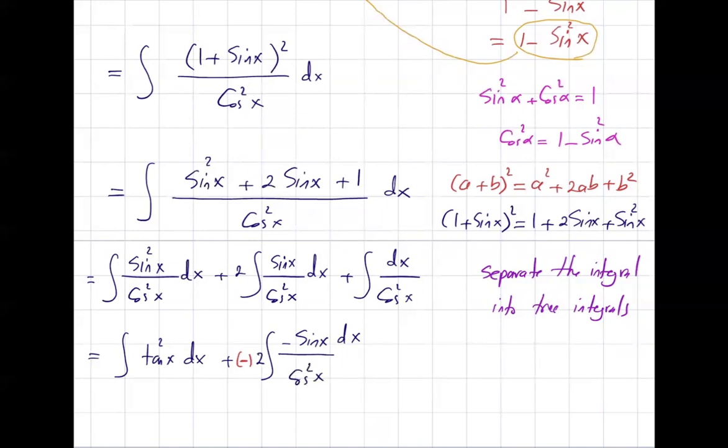And then here you have the integral of 1 divided by cosine squared. Remember that secant is 1 over cosine. So you get secant squared of x dx.